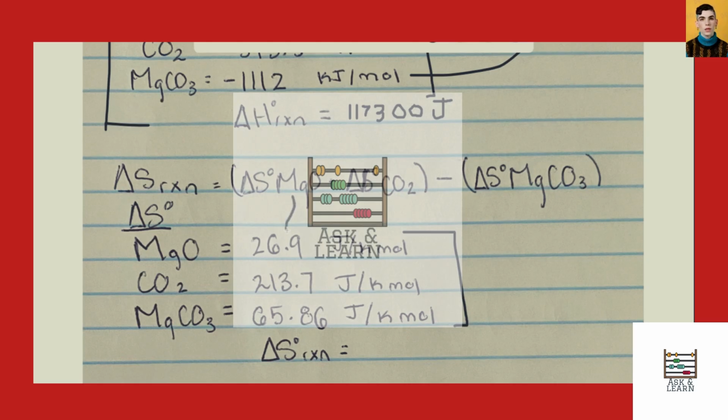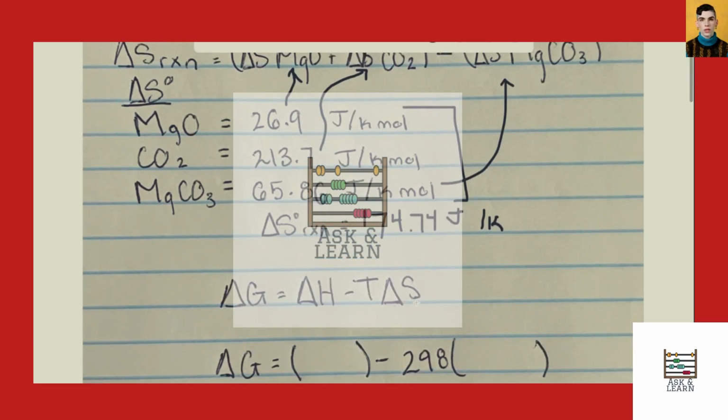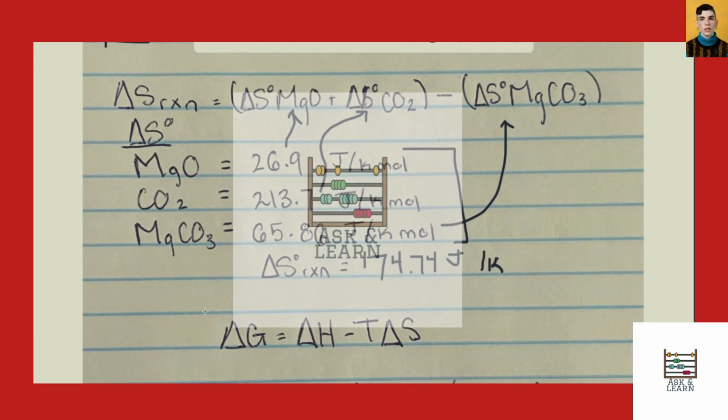Remember, you're plugging these numbers in here and that one over here. That is going to give a delta S of 174.74 joules per Kelvin. Oh, sorry, it's a little wonky. Joules per Kelvin.